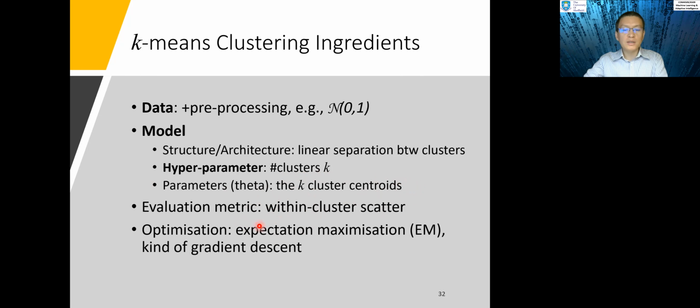And the optimization of assigning the clusters, then computing the centroids and repeating is kind of an expectation maximization optimization method. And there is also kind of gradient descent.